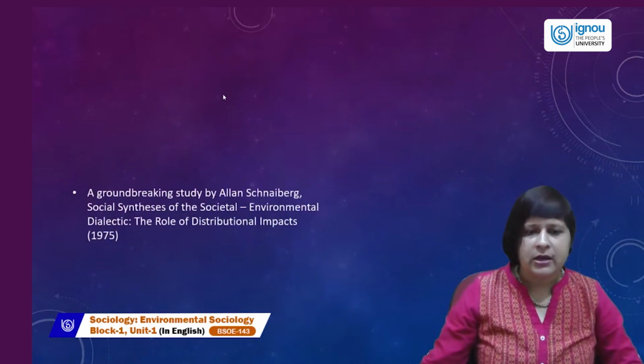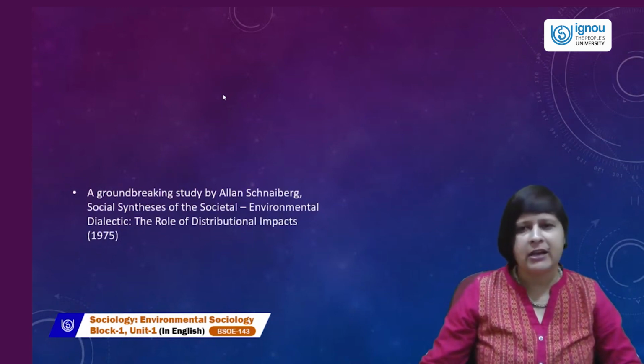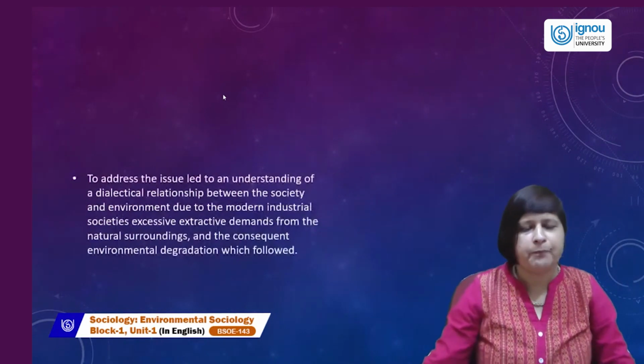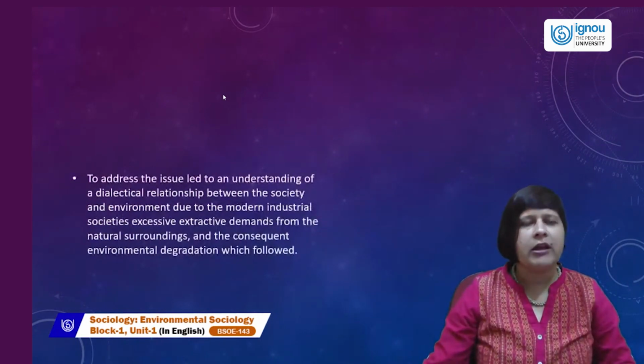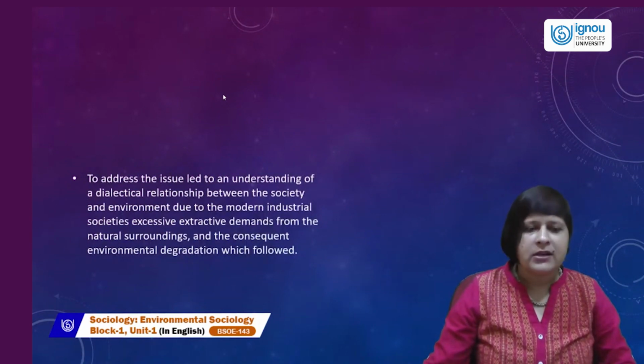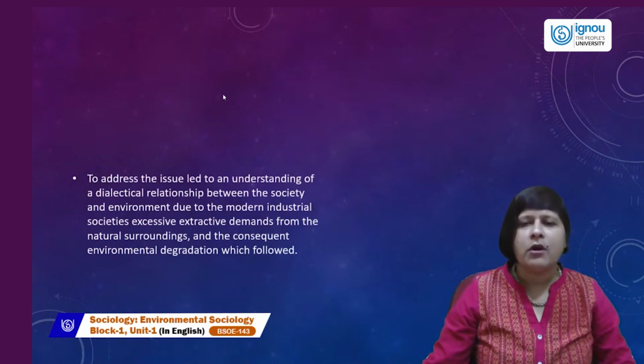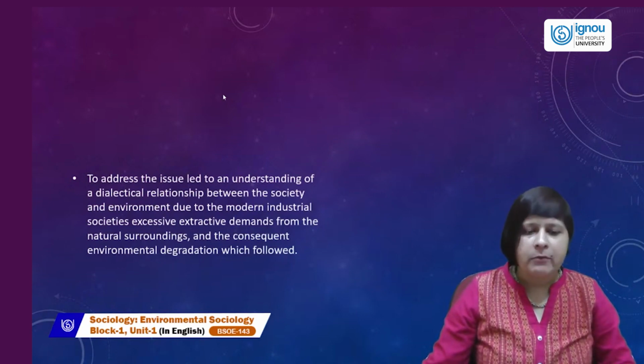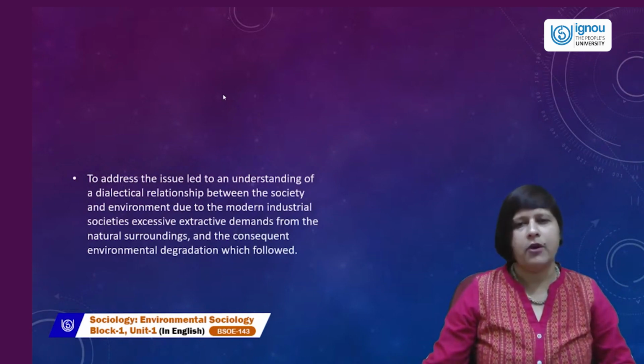A groundbreaking study by Allan Schnaiberg, Social Synthesis of Societal Environment Dialectics, the role of distributional impacts in 1975. This study led to an understanding of a dialectical relationship between society and environment, due to modern industrial societies' excessive extractive demands from the natural surroundings and the consequent environmental degradation which followed.